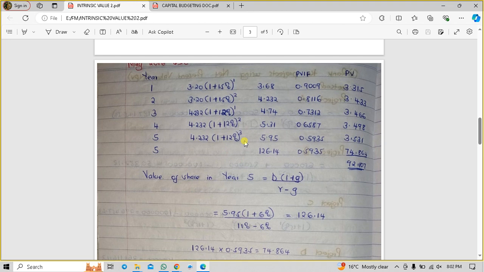Now let's proceed to PVIF. Who can tell us the formula for PVIF? PVIF means present value interest factor.